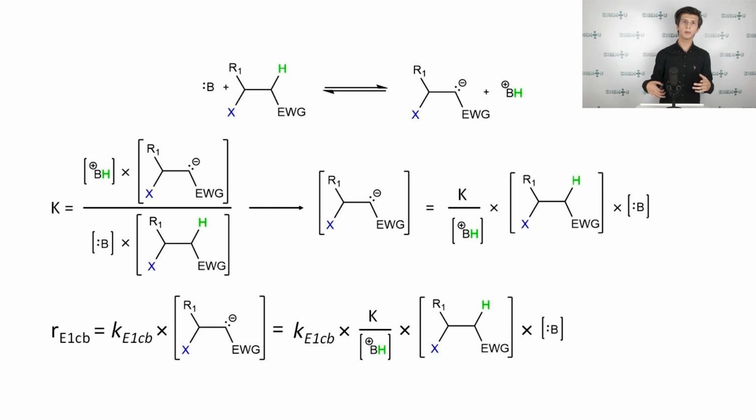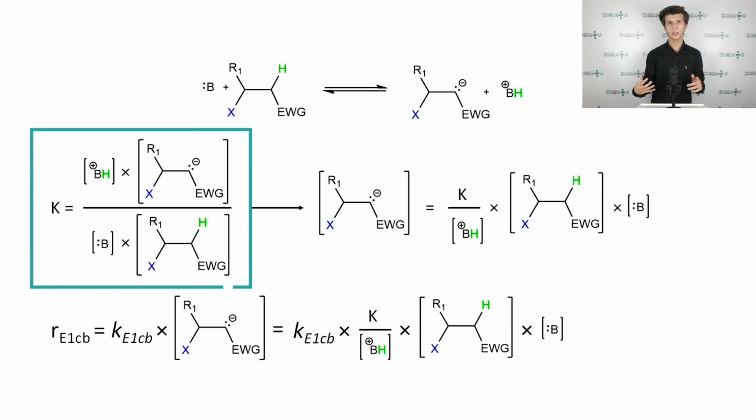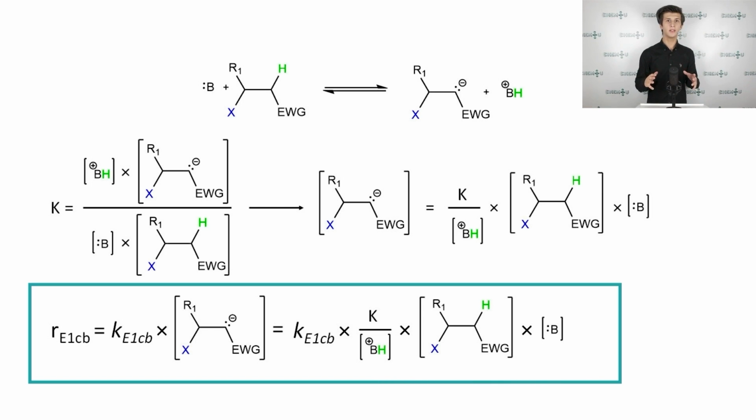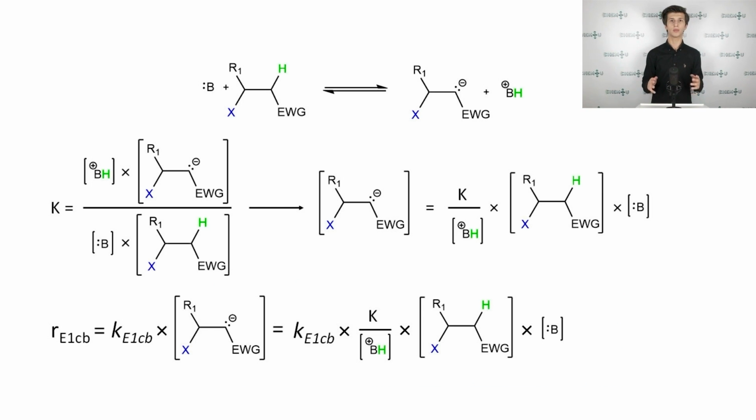It makes it possible to formulate the equilibrium constant, which depends on the concentrations of reactants and products. After that, we can rewrite the equation with respect to carbanion concentration. Lastly, we can substitute carbanion concentration in the rate law with our new expression.